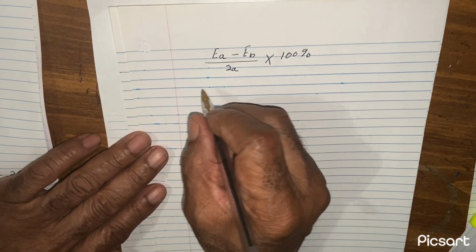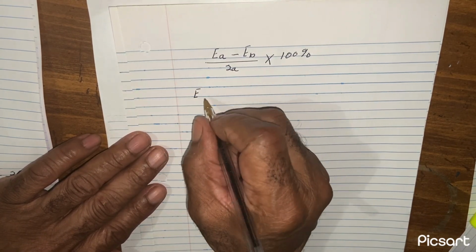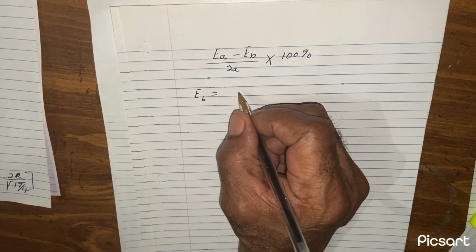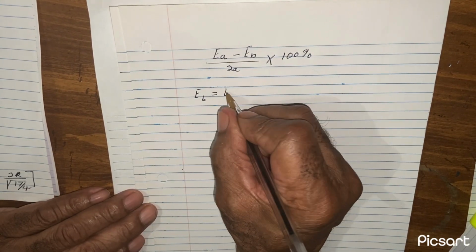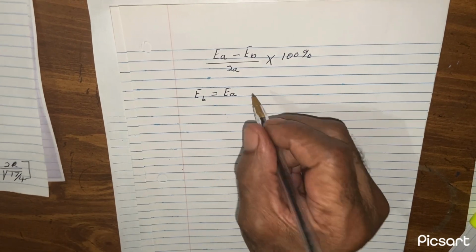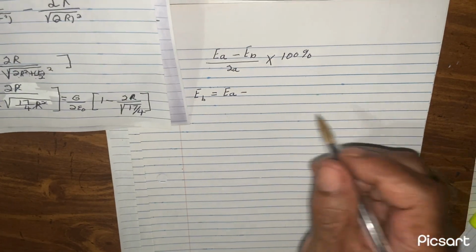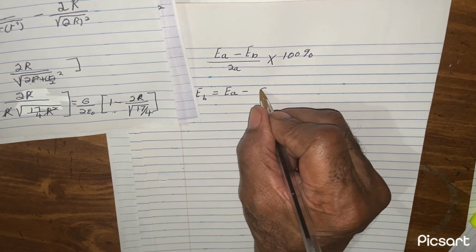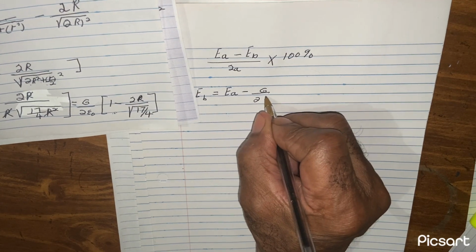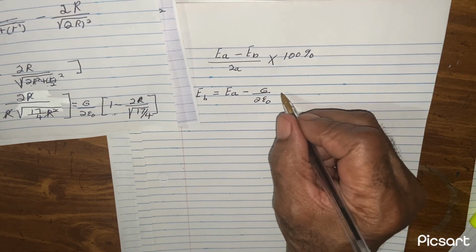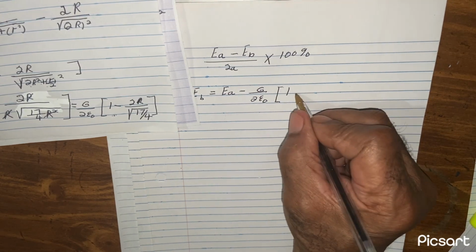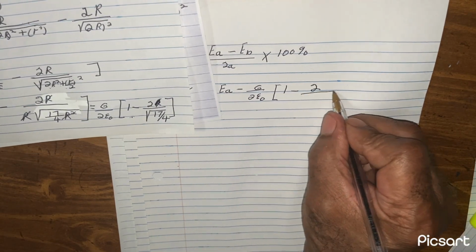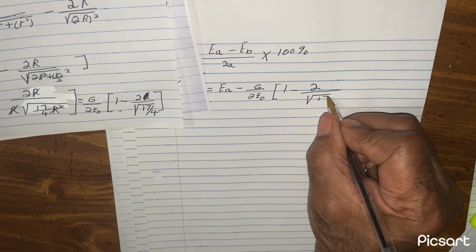So EB is equal to EA minus this right here, sigma over 2 epsilon naught, 1 minus 2, that's just 2, over the square root of 17 over 4.